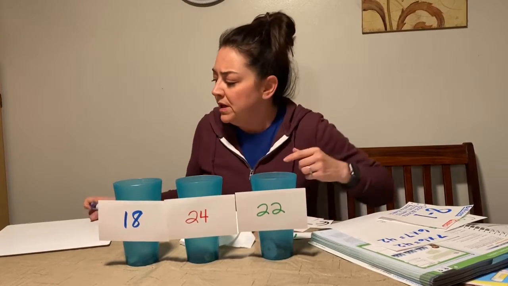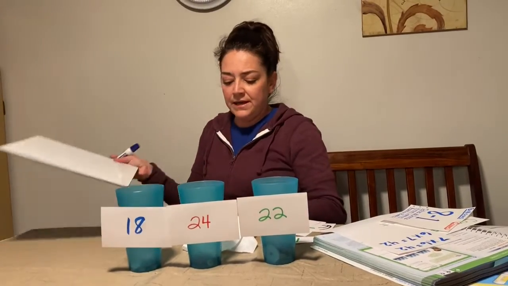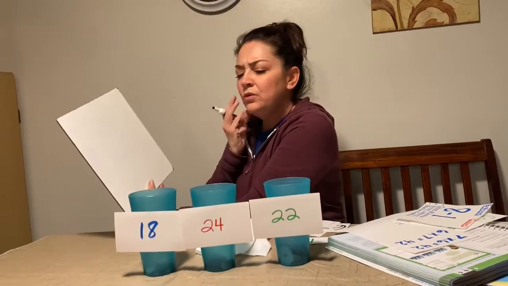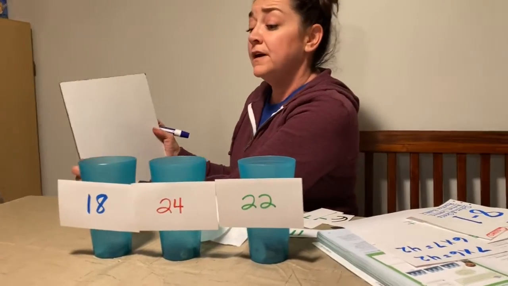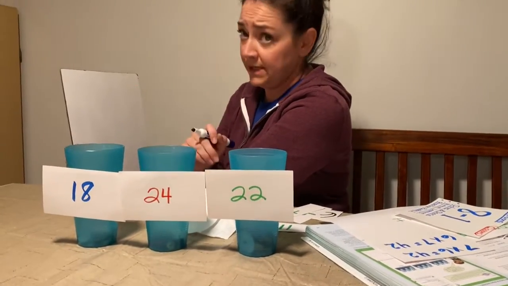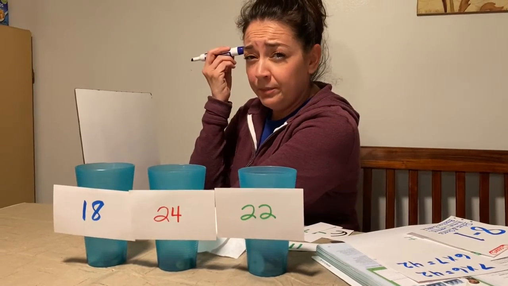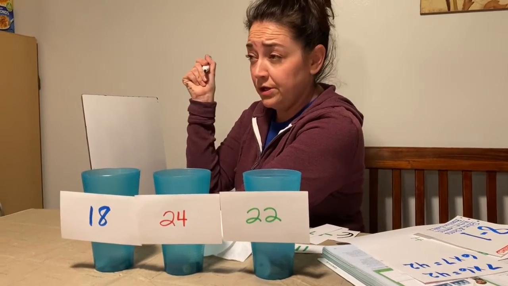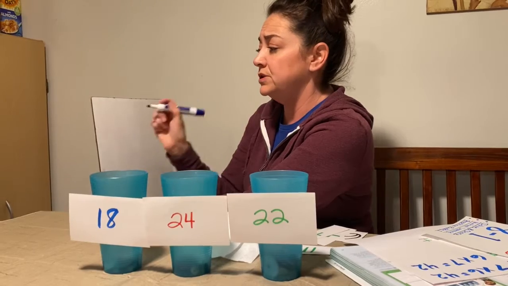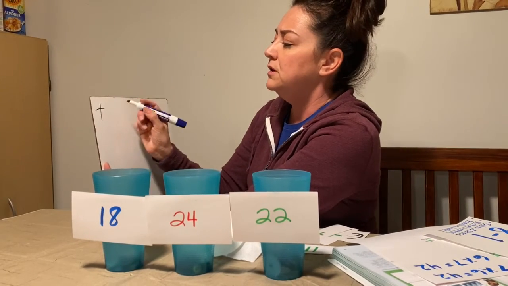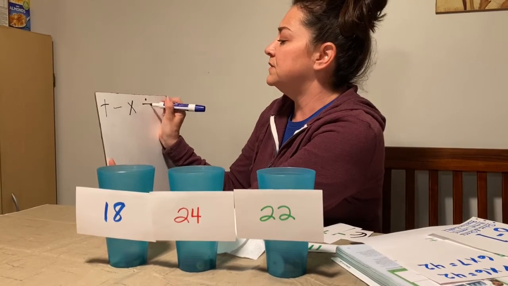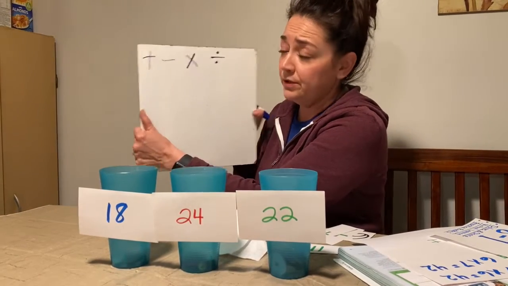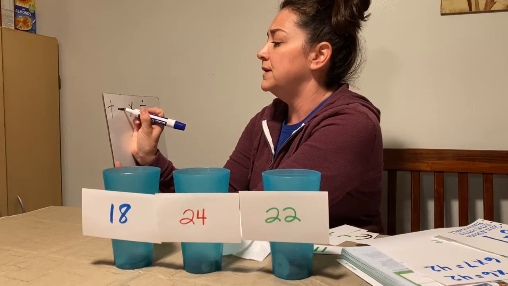Now, if I have my math thinking hat on, I want to think about my different operations and the different choices I have to find the sum of all of the buttons together. Now, if we remember what our operations are, remember that anchor chart in our room that we had all the operations. We have addition, subtraction, multiplication, and division. Those are our operations in math, okay?